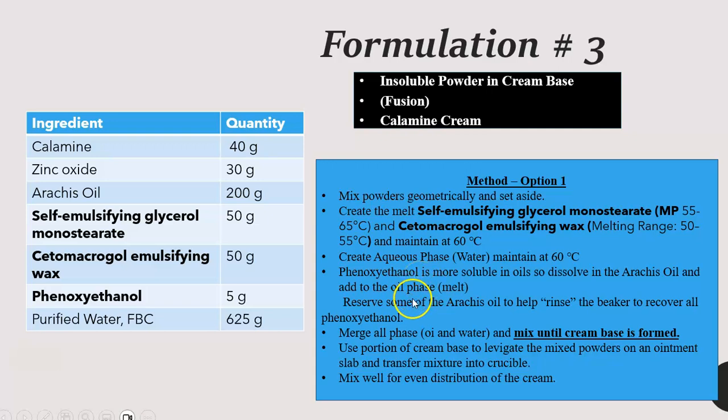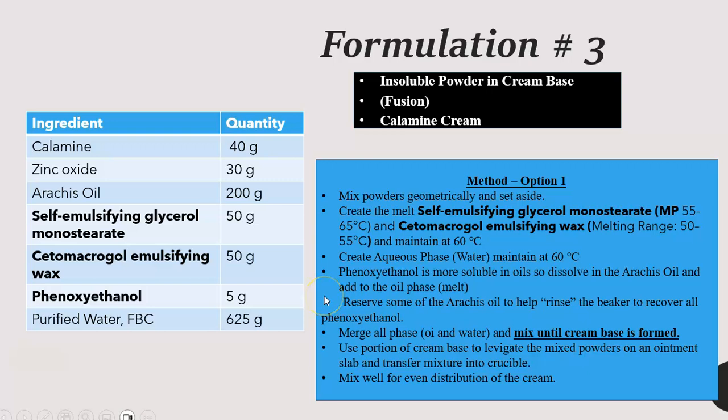But bear in mind, even though it's an oil, you leave some to theoretically rinse the beaker, and I recommend that you use a spatula that allows you to scrape and recover the viscous arachis oil from your beaker. This is a little bit tricky because the phenoxyethanol is more soluble in the oil phase.